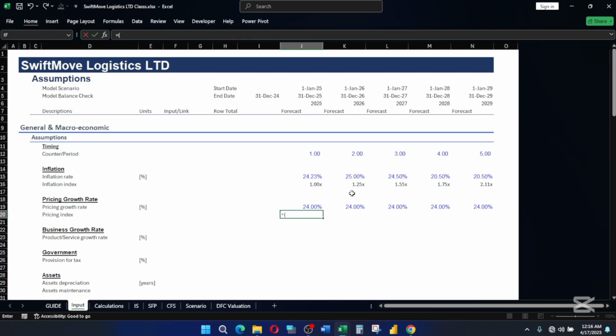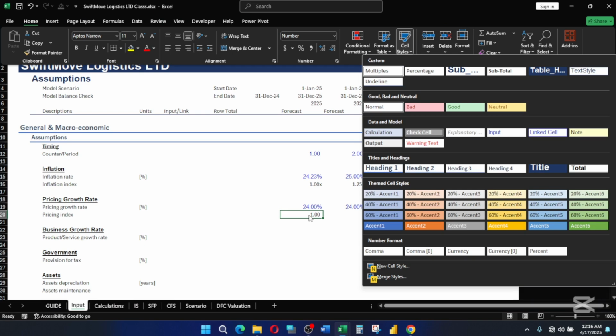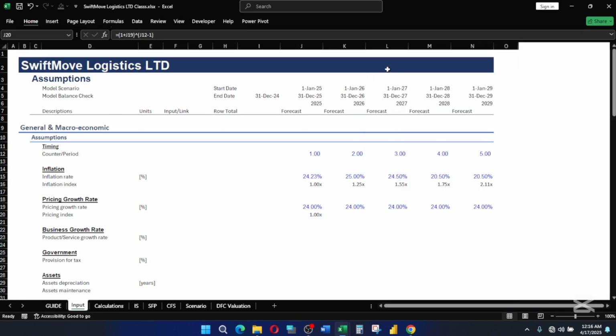Equal to, open bracket, 1 plus the pricing growth rate, close bracket, raised to the power of, open bracket, the counter, which is the period, minus 1, close bracket. Then you enter. When you enter, we're going to apply our multiple cell style.